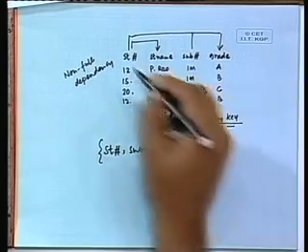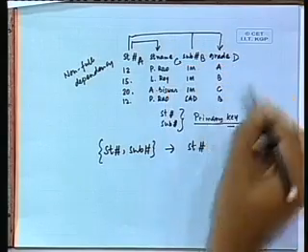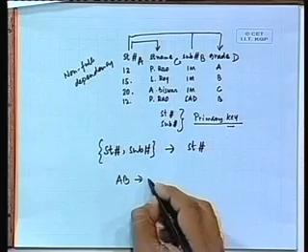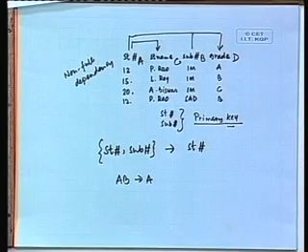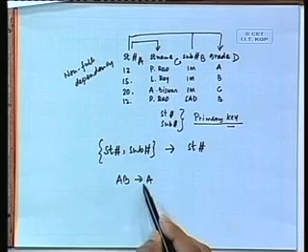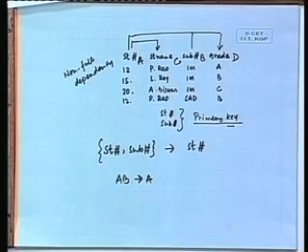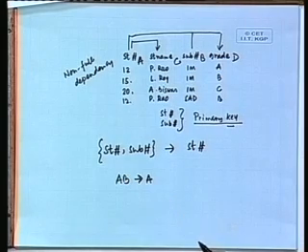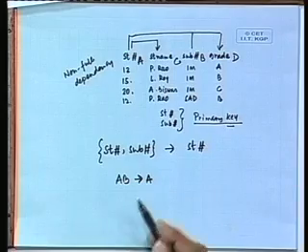To make things simple, suppose we call these A, B, C and D. Does AB functionally determine A, or is A functionally dependent on AB? This is obvious, because in two tuples, if AB agrees, A has to agree, because A is nothing but a part of AB. So, this is known as the reflexivity rule.